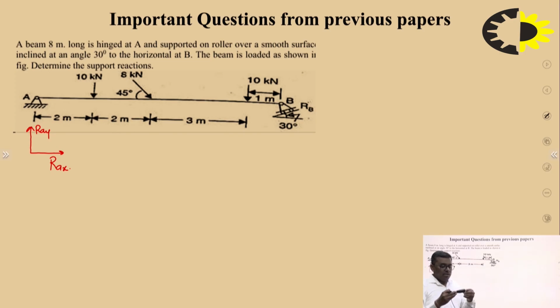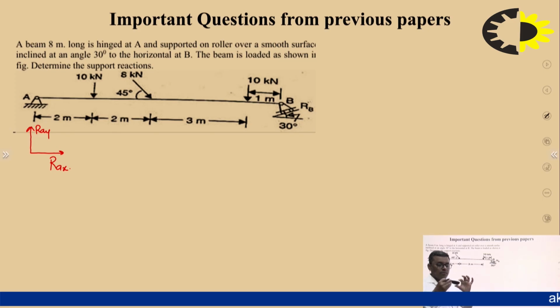Let me explain a little. If it is hinged here, it is a pin, it can rotate, but can it move in the X or Y direction? No. So, against these two restrictions, there are two reaction forces.